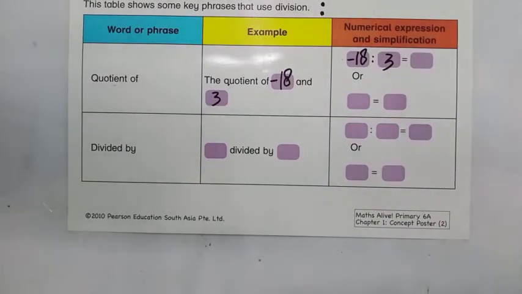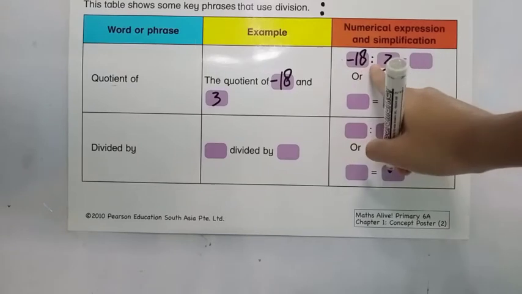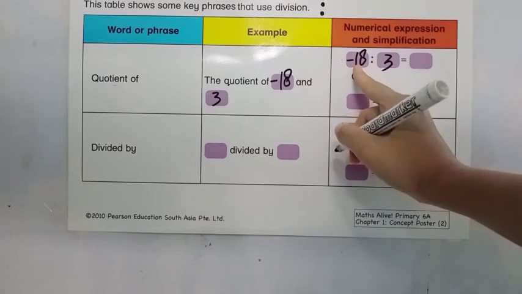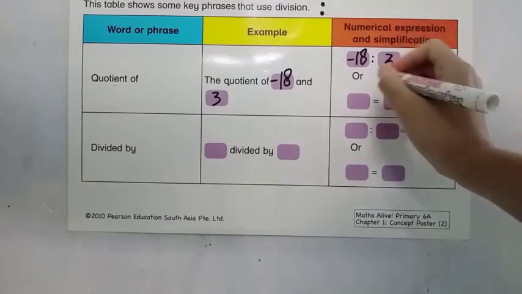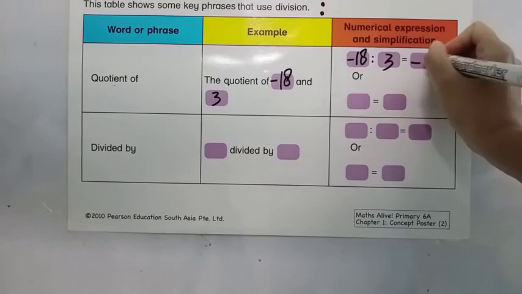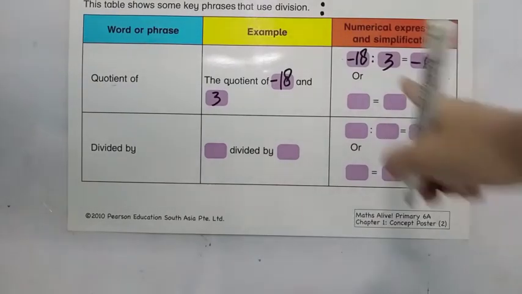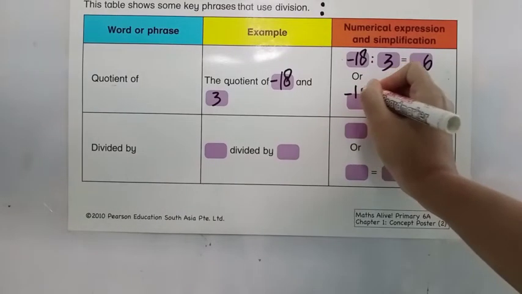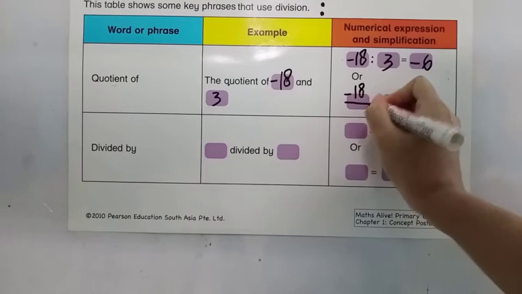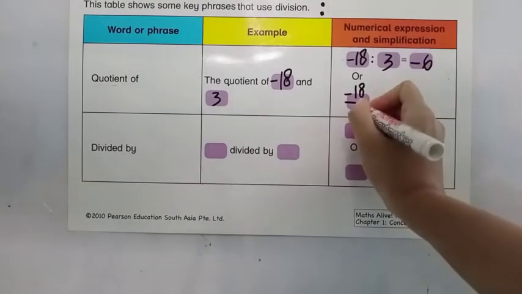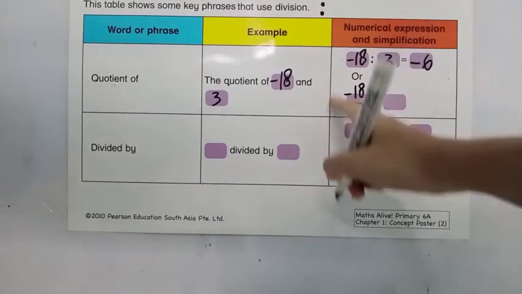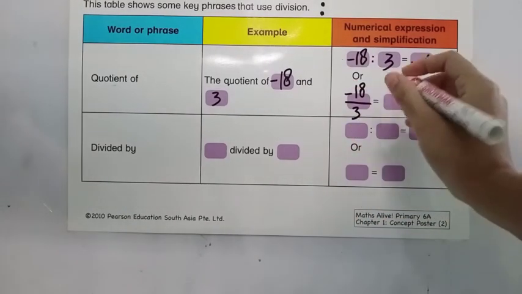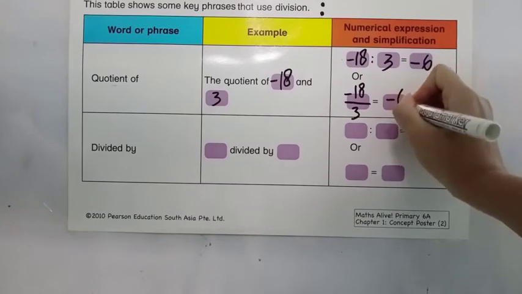Don't forget the rule, negative divided by positive equals negative. Negative 18 divided by 3 equals negative 6. Or you can write it as a fraction, negative 18 over 3 equals negative 6.